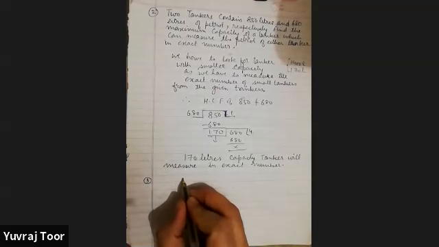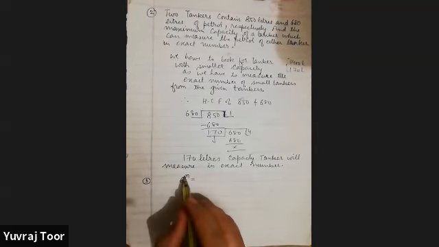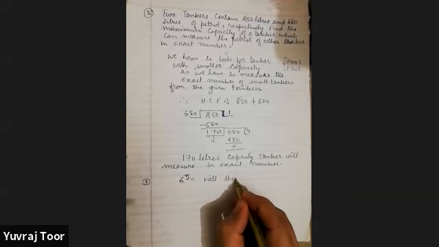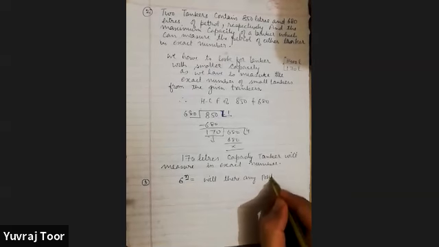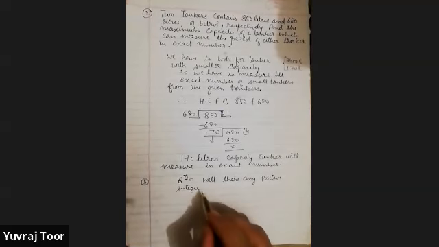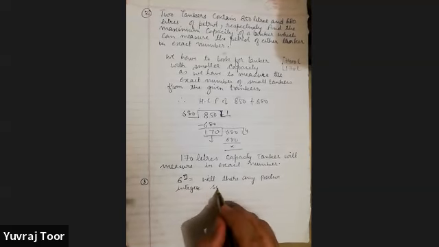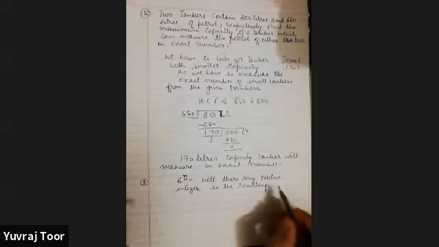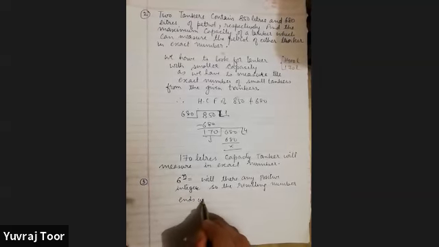So if I say 6 raised to power n, will there be any positive integer n so that the resulting number ends with 0?